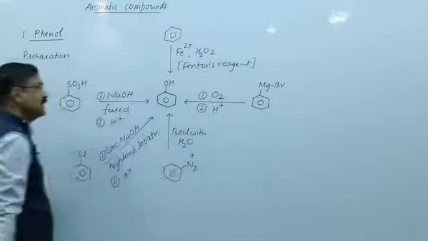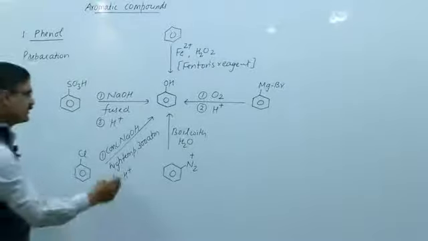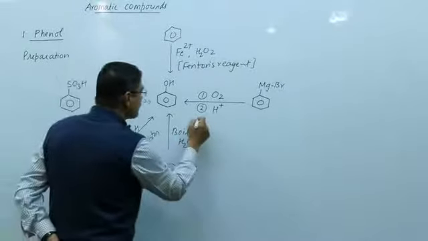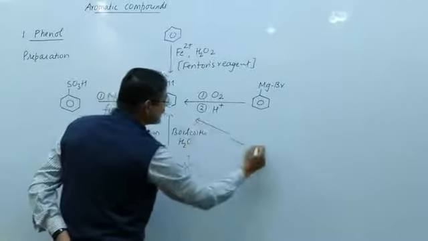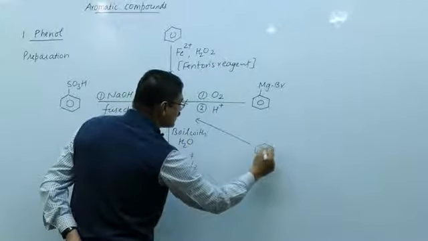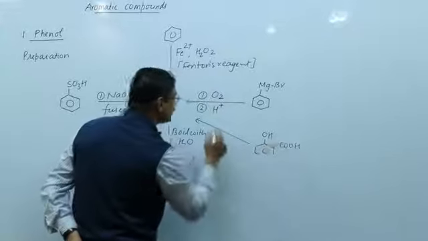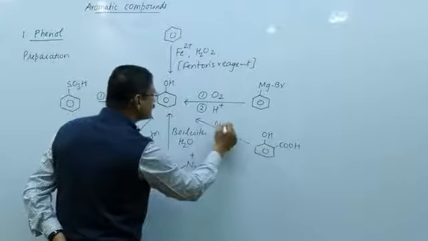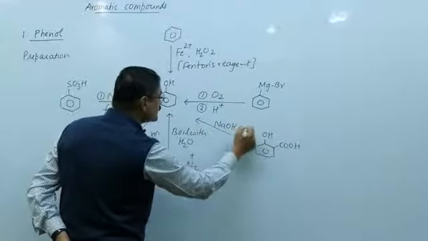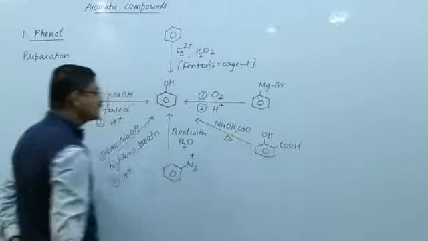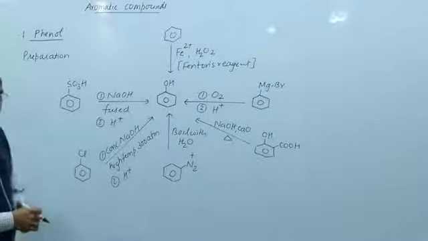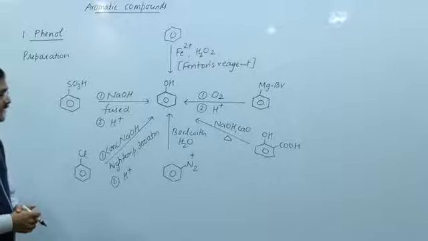We finally get phenol. One more preparation, that is soda lime decarboxylation of salicylic acid. NaOH, on heating with soda lime, COOH is removed and the product phenol is obtained.